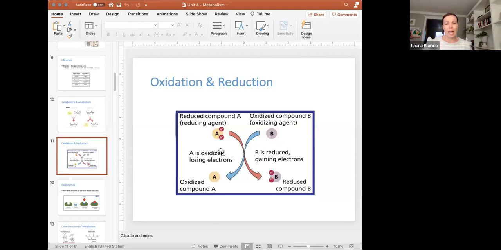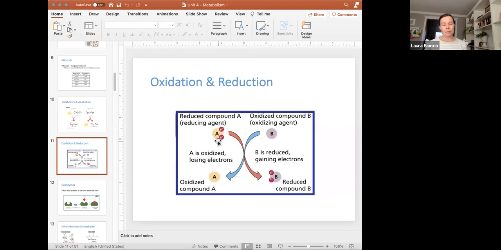So when a molecule gets reduced, it is gaining electrons, hydrogen ions, and energy. When a molecule is getting oxidized, it is losing those same things. So it's losing or giving up electrons, hydrogen ions, and energy.